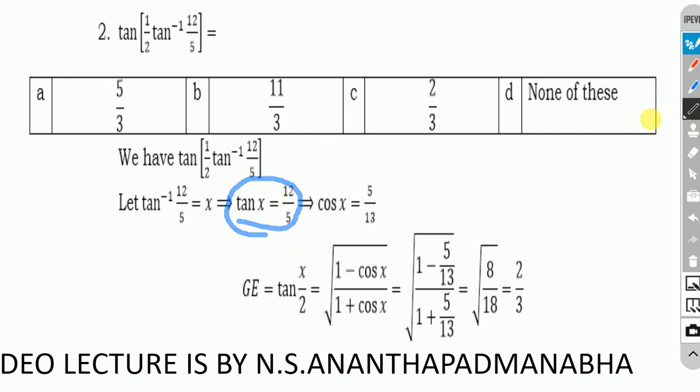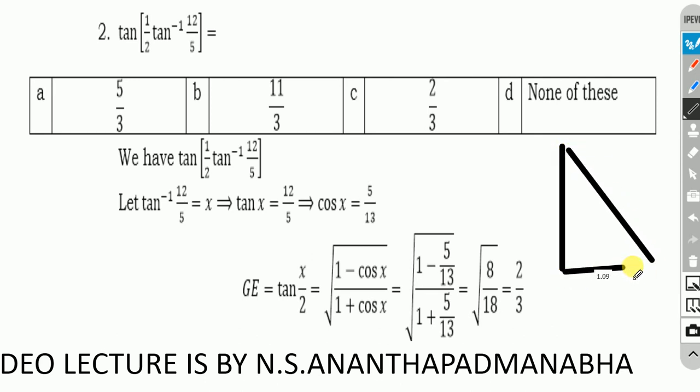If tan x is equal to 12 by 5, it's easy to find cos x. So consider the right angle triangle where tan x is 12 by 5. Here it is 12 and this is 5 here.